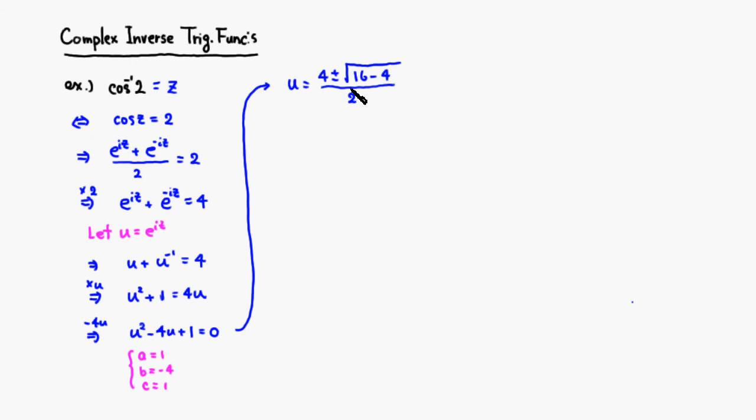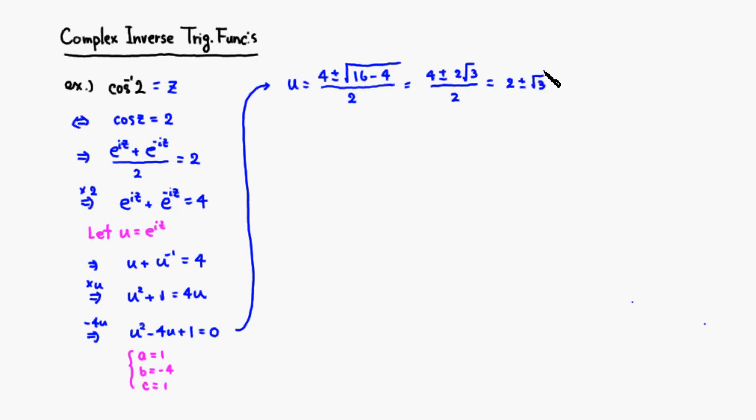Then we have 4 plus or minus the square root of 12, which is the same as 4 times 3, so it's 2 square root of 3, over 2. Then 4 divided by 2 is 2, and plus or minus 2 square root of 3 divided by 2 is square root of 3.